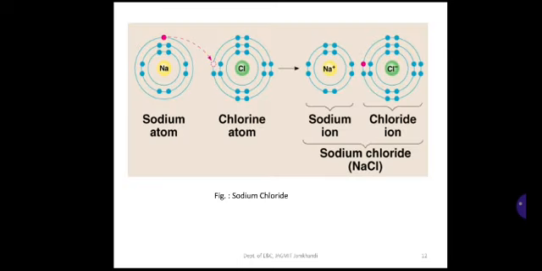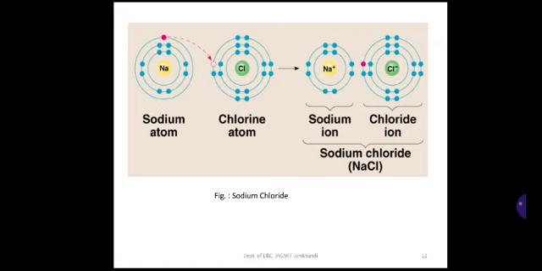This figure shows the sodium and chloride. In the NaCl lattice, each sodium, that is Na atom, is surrounded by 6 nearest neighbor Cl atoms, and vice versa.